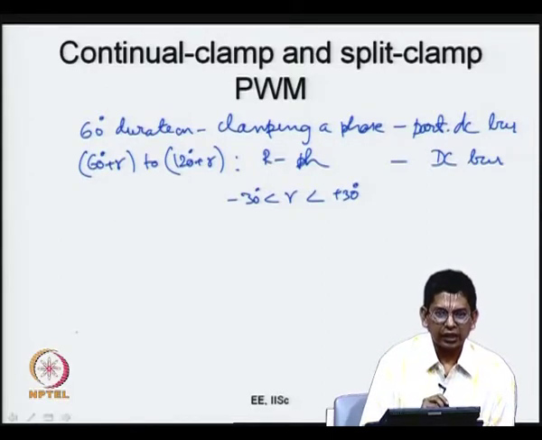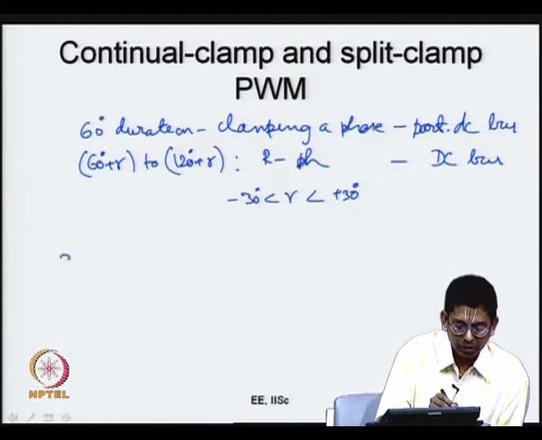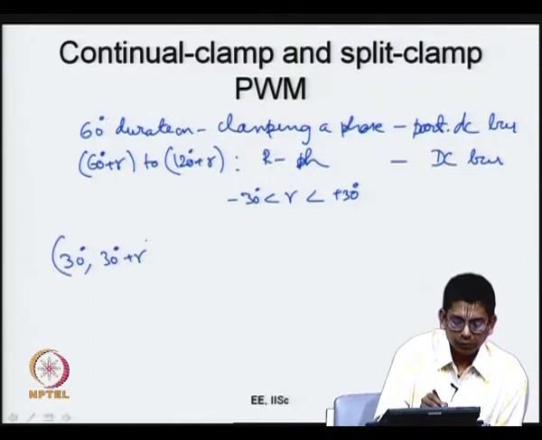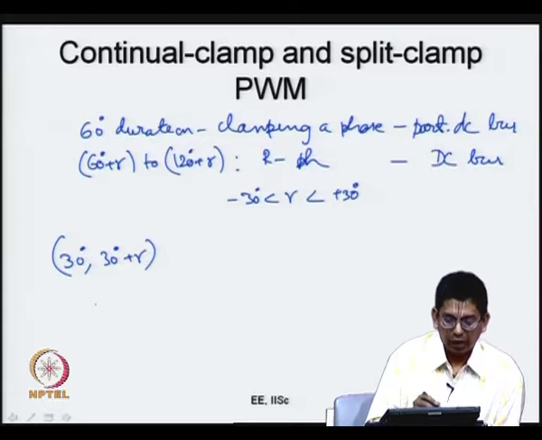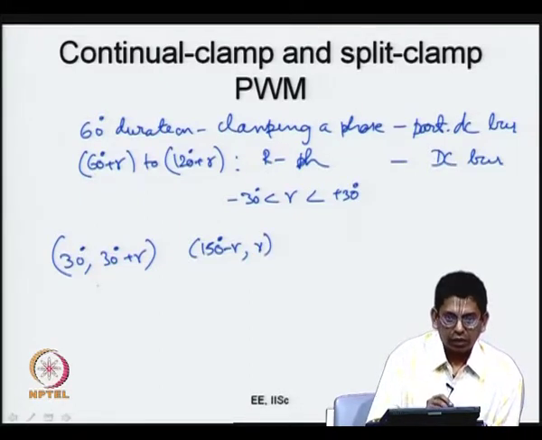Then on the other hand, if you have split clamping, what you are doing is the 60 degree duration is broken into two parts, say some 30 degree to 30 plus gamma is one possibility, and 90 plus gamma to 150 degree is the other.